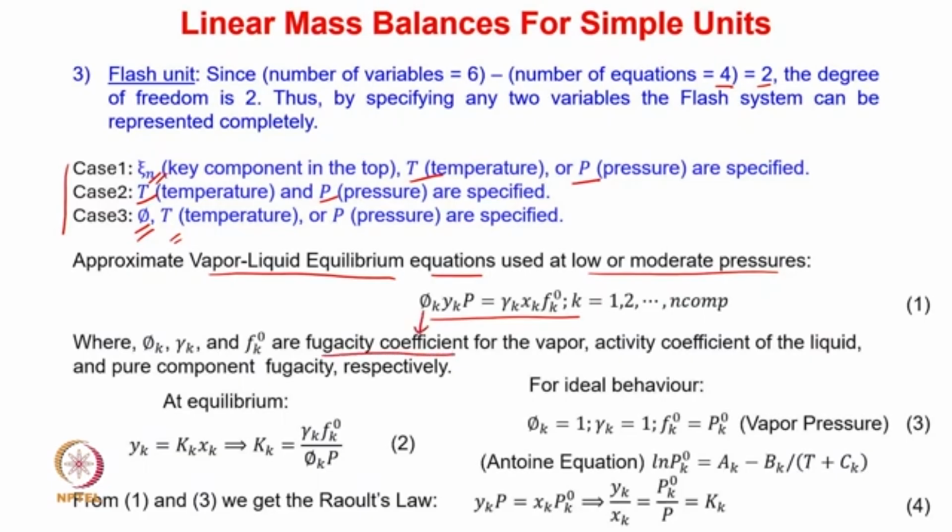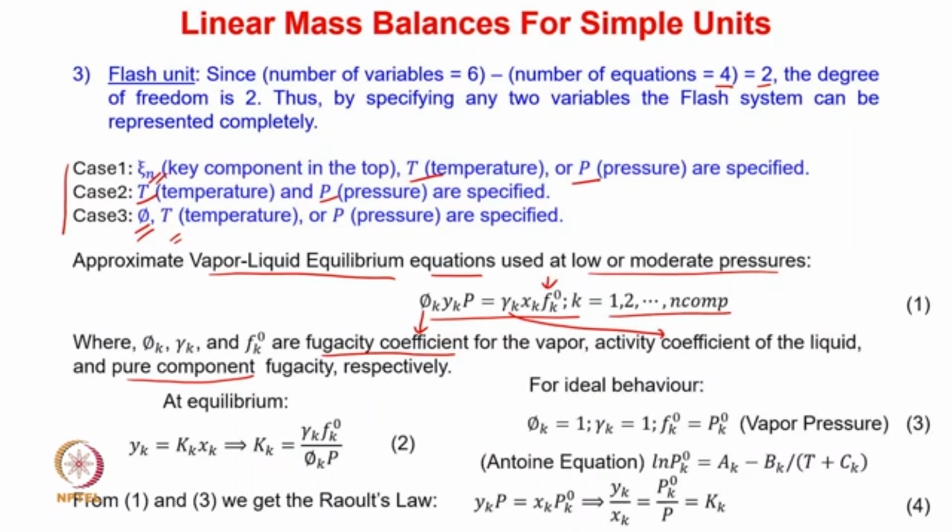So this is a fugacity coefficient for the vapor, gamma k is the activity coefficient of the liquid, and fk naught is nothing but the fugacity of the pure component. So we can write down this equation for all n components, isn't it?